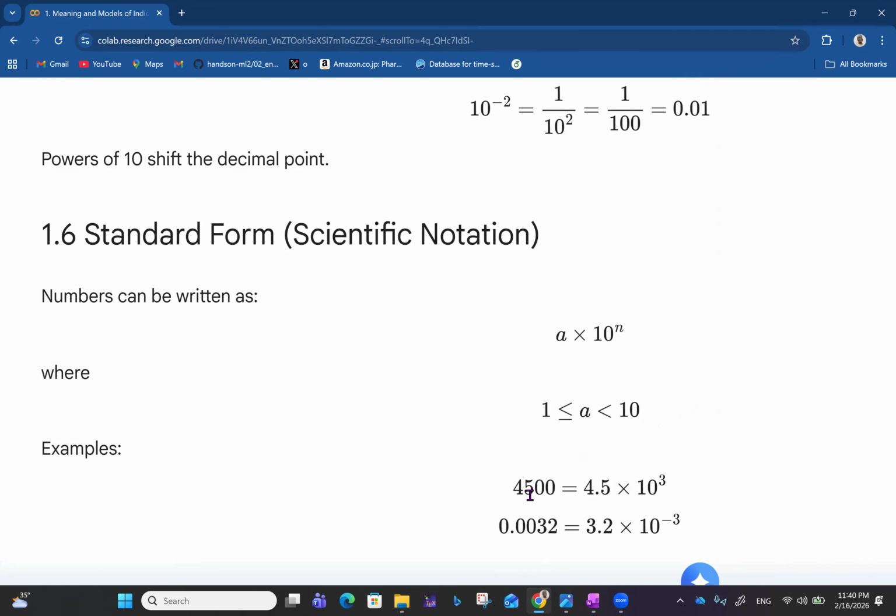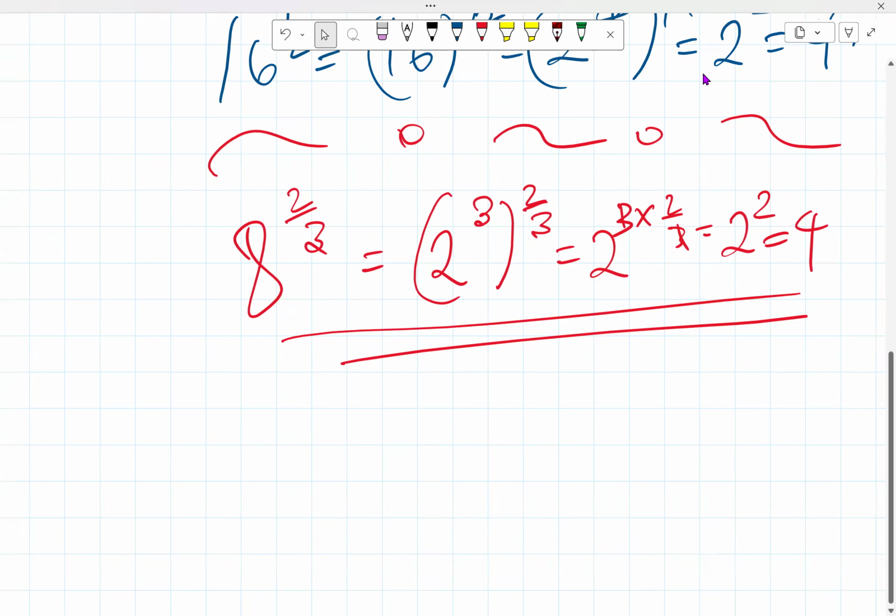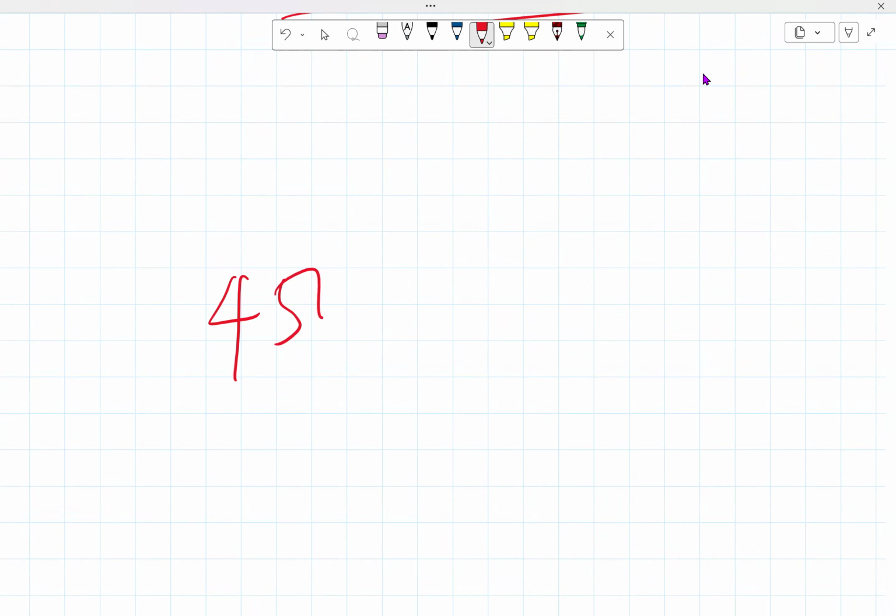For an example, you have 4,500. 4,500 is 4.5 times 10 raised to power 3. Why? If there's no decimal, you can imagine that the decimal point is at the end.